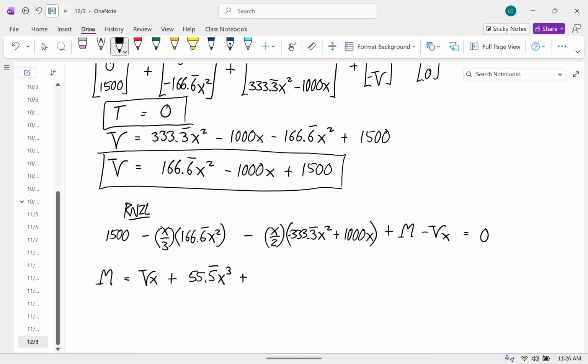and then, so the plus from this, and then we have the negative in there. So this comes out to be negative 166.6 repeating x cubed plus 500x squared, and then minus 1500.